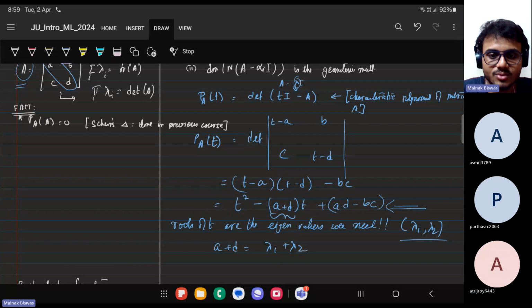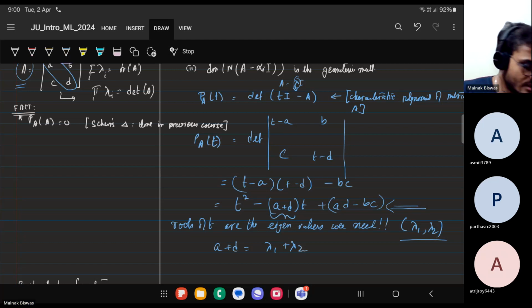Just from the polynomial point of view, the sum of the roots is equal to the coefficient of the n minus 1th term. For a degree n polynomial, the n minus 1th term coefficient would be the sum of the roots. Similarly, the product of the roots would be ad minus bc. Yes or no?